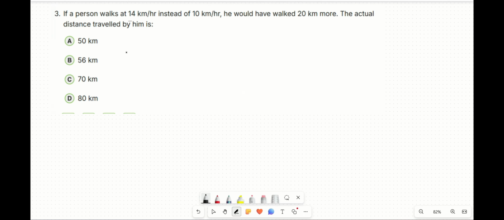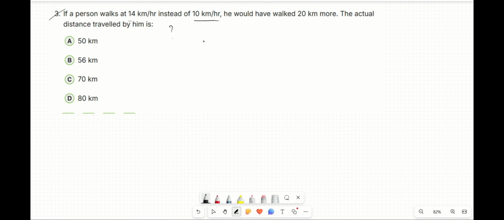Let's discuss this third problem. If a person walks at 14 kilometer per hour instead of 10 kilometer per hour, he would have walked 20 kilometers more. The actual distance traveled by him is.